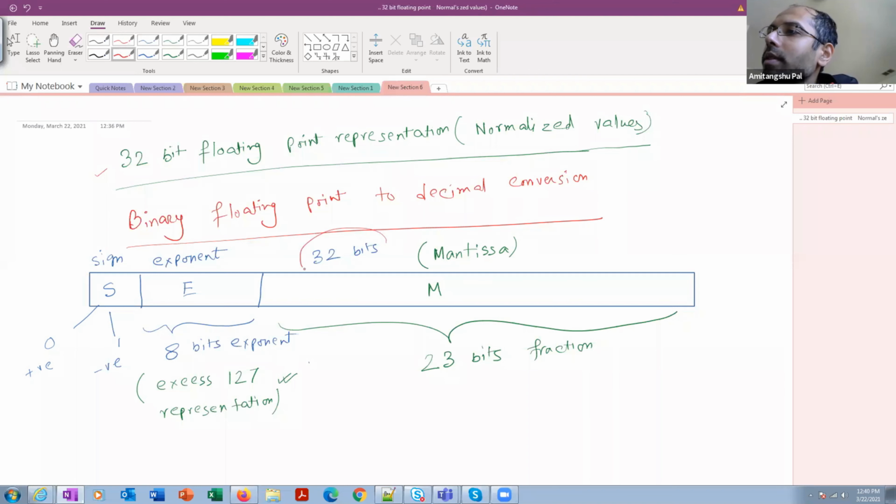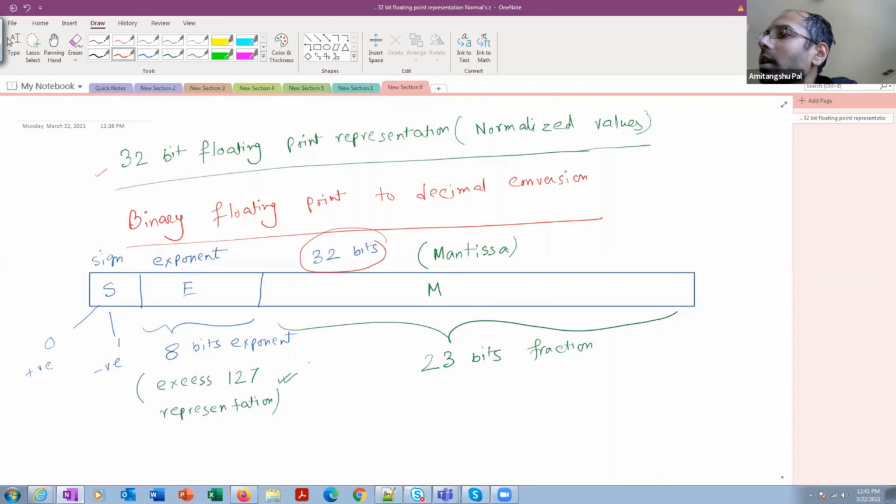So in this way, a 32-bit floating point number is represented by a computing system. The first bit is the sign bit, which is 0 for a positive number and 1 for a negative number. The next 8 bits are exponent bits, where the exponent is represented using excess 127 representation. The next 23 bits are the fractional part, which we also call mantissa. All right. So if I give you a binary string of 32 bits, and I say that this is a floating point number, that means you need to first divide that binary string into 3 fields: sign, exponent, and mantissa.